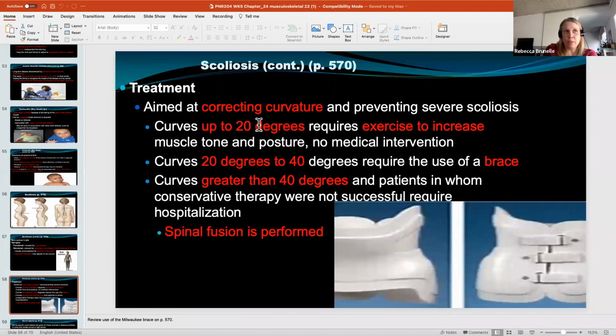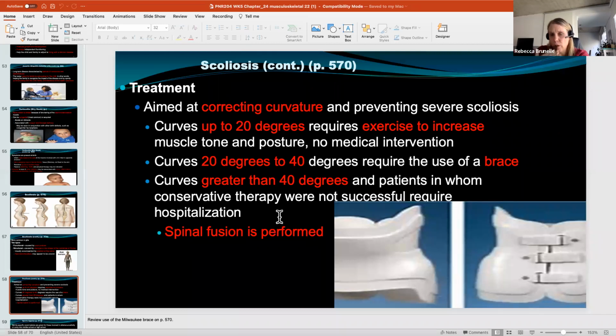Mild is up to 20 degrees, and this is physical therapy exercise. Then 20 to 40, they're required to wear a brace. And over 40, that's when they do the spinal fusion surgery. So I would remember how to differentiate between mild, moderate, and severe, and know when they do the spinal fusion.